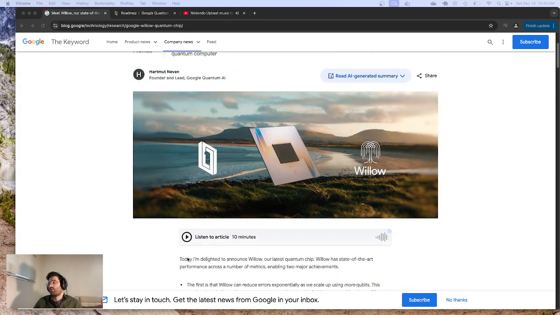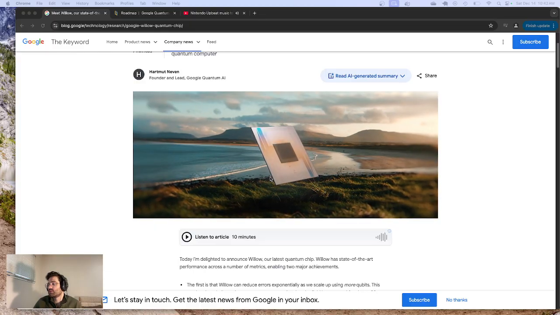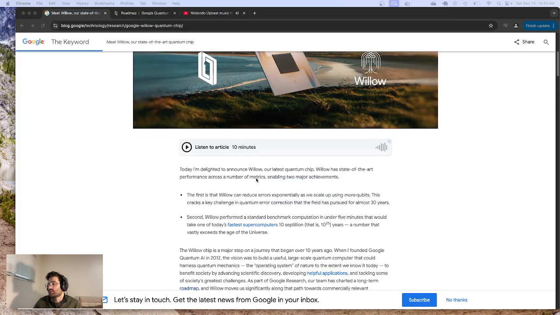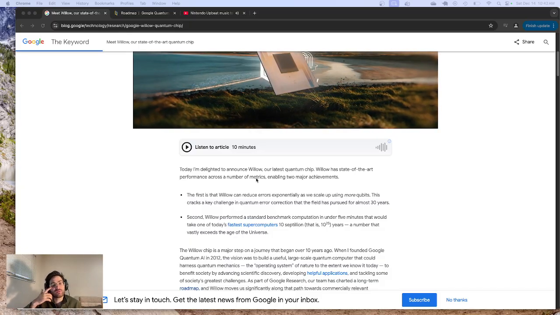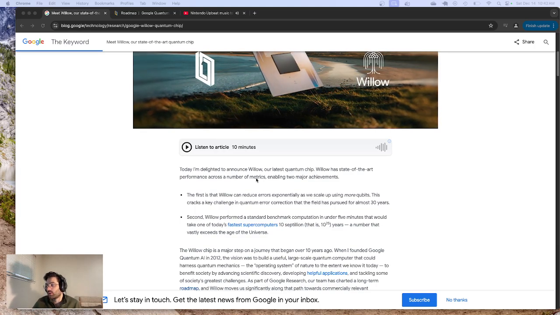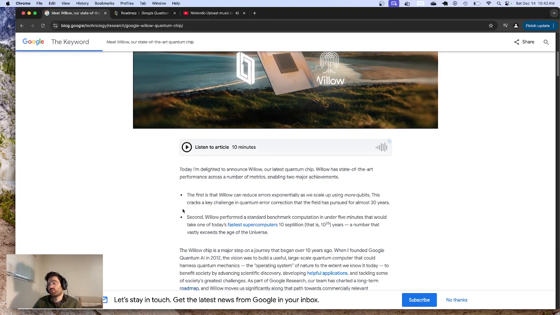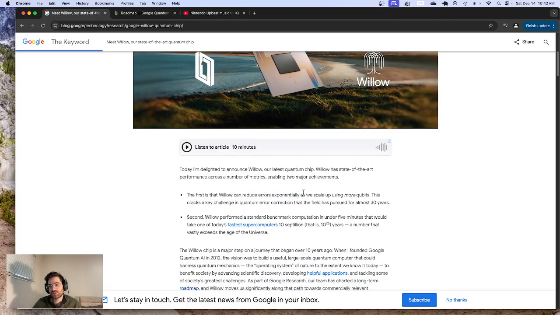My understanding after last week of reading this was that this report is basically just saying they have new ways of error correction. The groundbreaking part of this research is they reduce errors exponentially as they scale up, essentially.